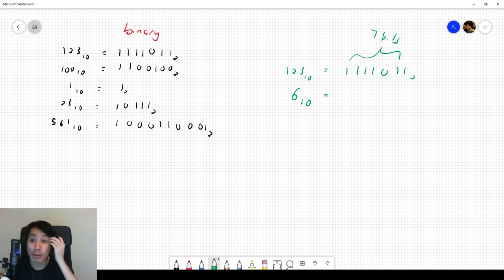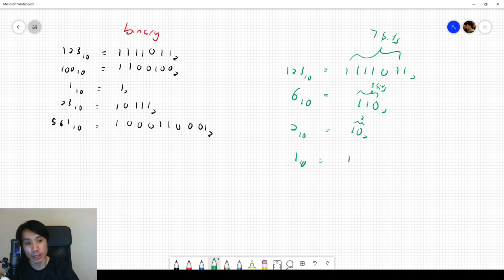What is the binary of 6? The binary of 6 is 1 1 0, and here I have 3 bits. Then I minus 1, I will be left with 2. 2 will be 1 0, I have 2 bits. Then minus 1 will be 1. When I reach 1, 1 minus 1 is 0. I terminate here.